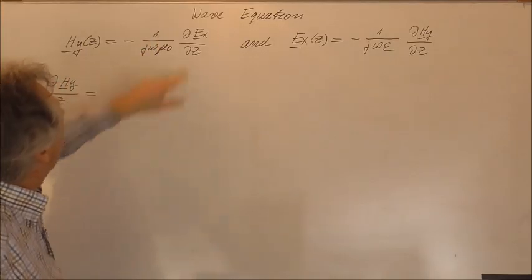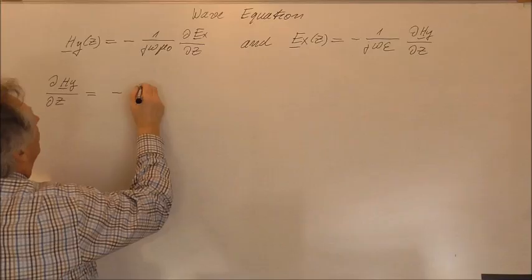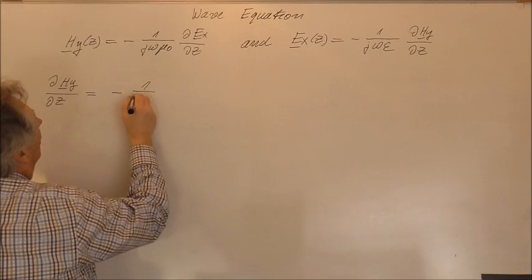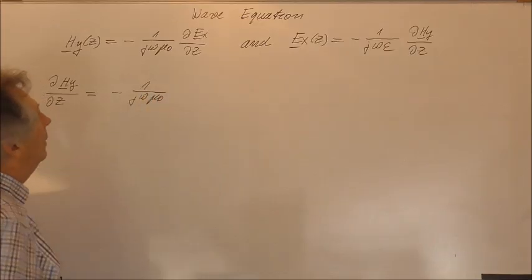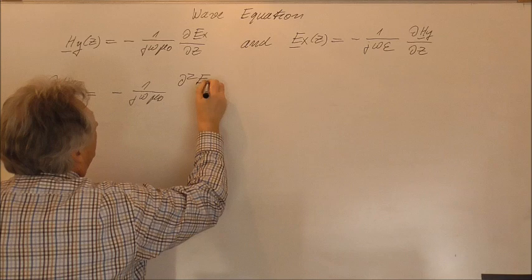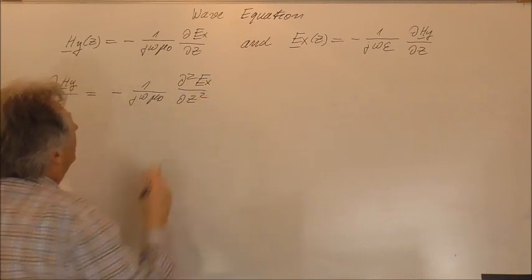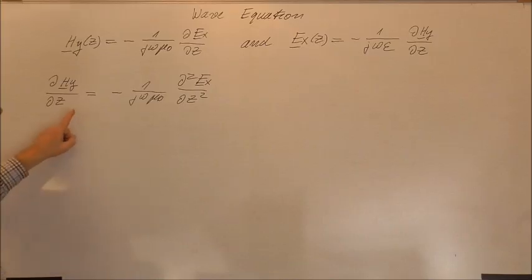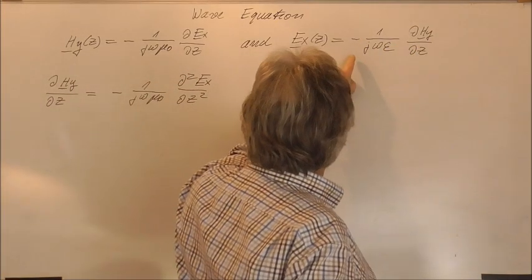And of course this is a constant, so this will result in minus j omega mu naught times the second derivative of Ex with respect to z squared. So of course now, instead of the second derivative of Hy, we can insert this term.